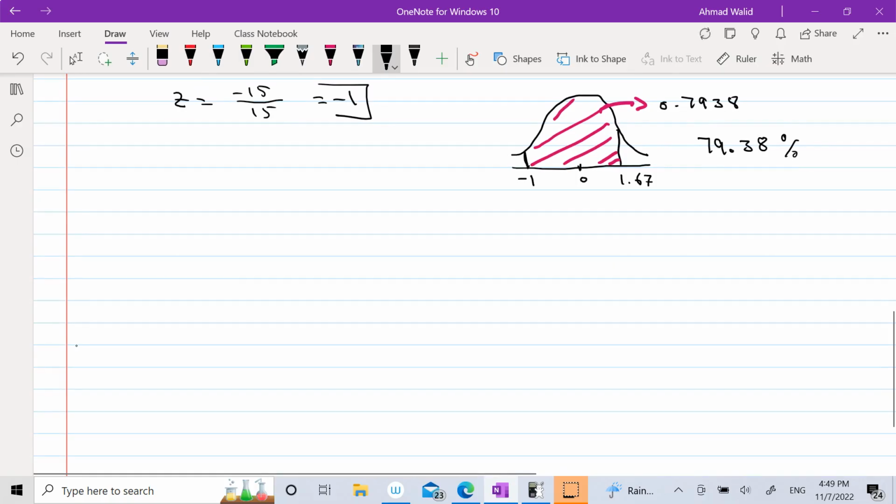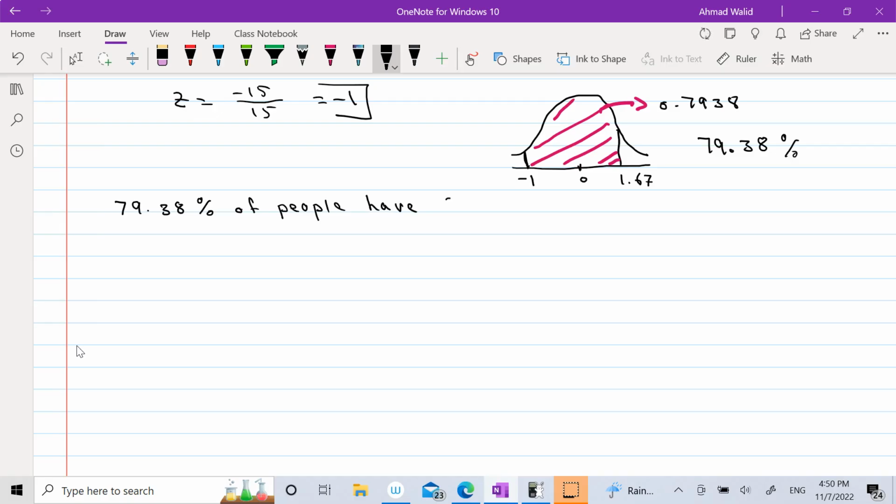How do you write those sentences? 79.38% of people have an IQ between 85 and 125. Correct?